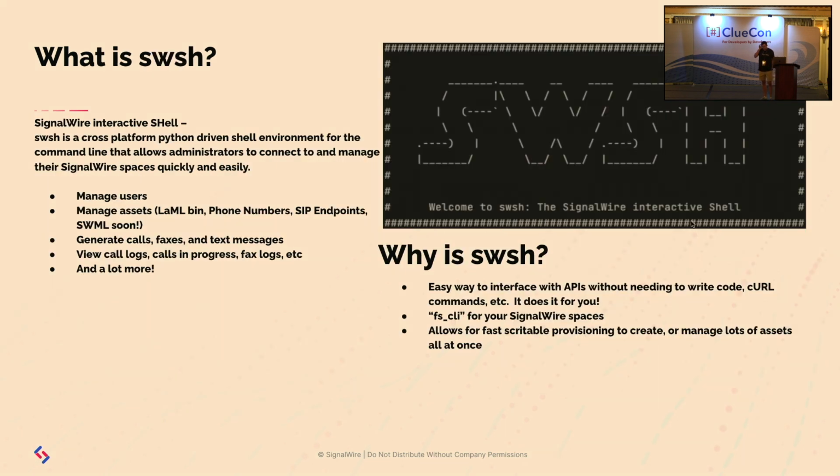So what is Swish? The SignalWire Interactive Shell, it's a cross-platform Python-driven shell environment that allows you to communicate with the SignalWire APIs from the command line without having to write your own code or write your own curl commands or something like that. You can do things like manage users, manage assets, all the different kinds of things that you can usually hit the APIs and manage.